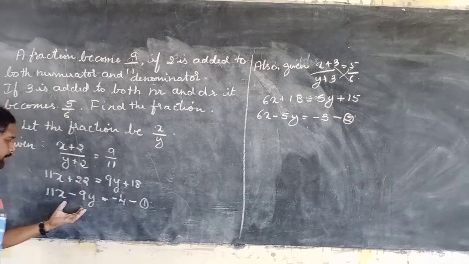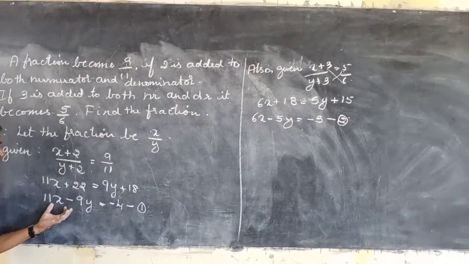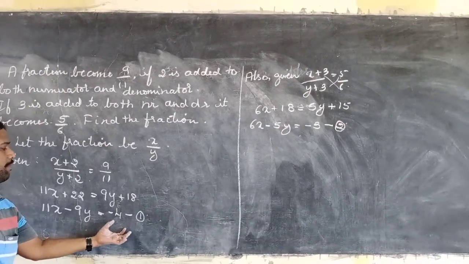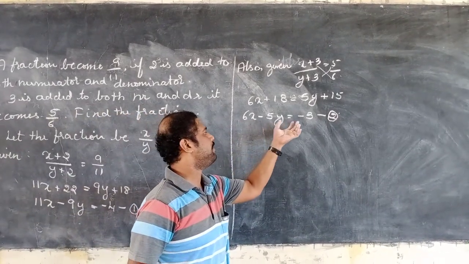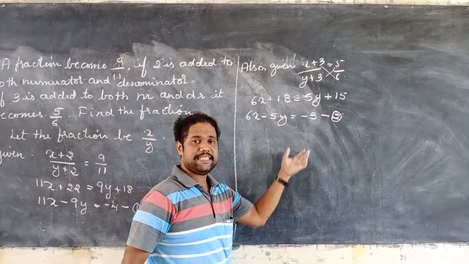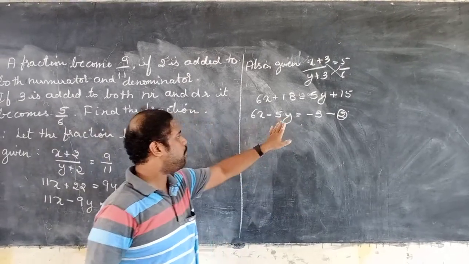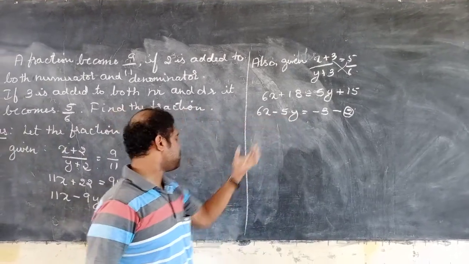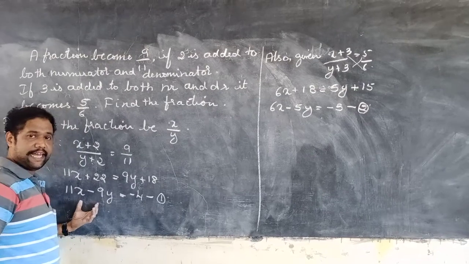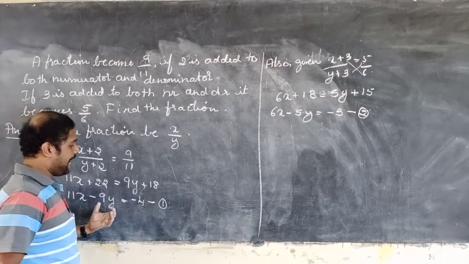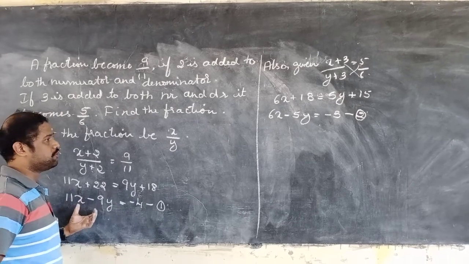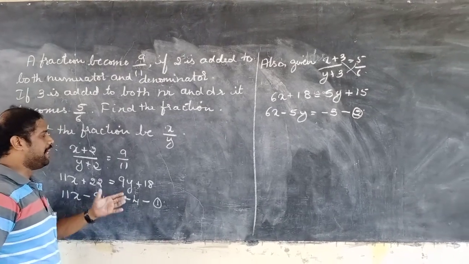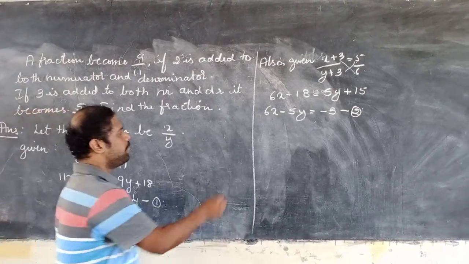Now we have equation 1: 11x minus 9y is equal to minus 4, and equation 2: 6x minus 5y is equal to minus 3. In both cases no coefficient is equal to 1 here. Therefore we consider any one equation and express it in terms of y or in terms of x, either equation 1 or equation 2.